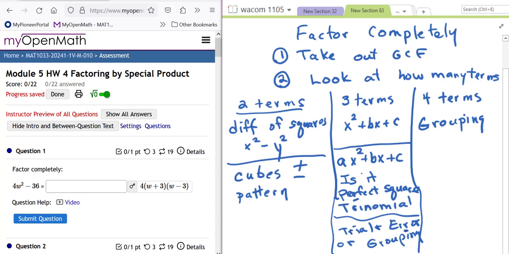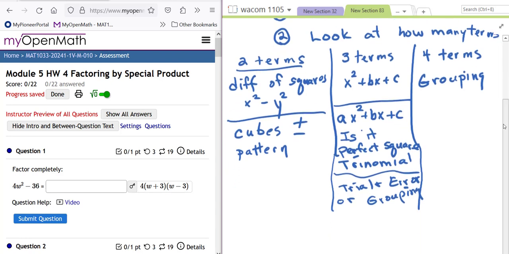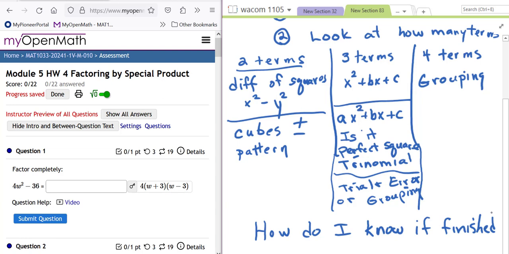All right, so you've done all these kinds of factoring, and your next question that people often ask is, how do I know when I'm finished? And the clue is the exponent.